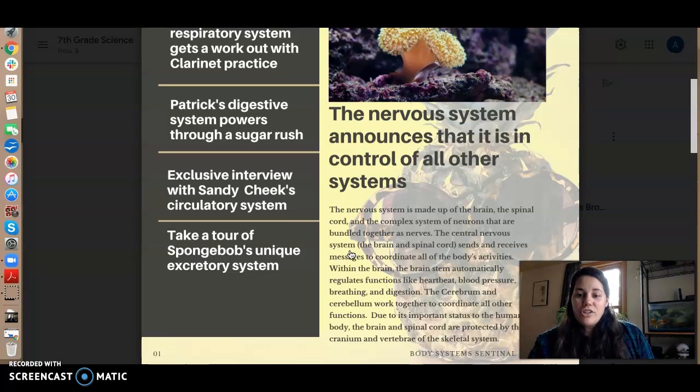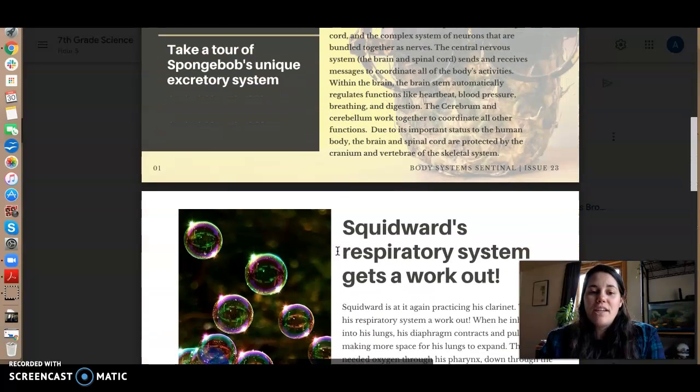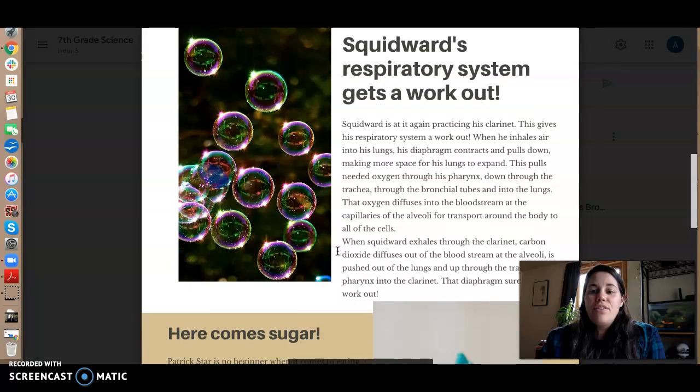My front page article is that the nervous system announces that it's in control of all of the other systems. So it's a fun way to explain that understanding of the systems.